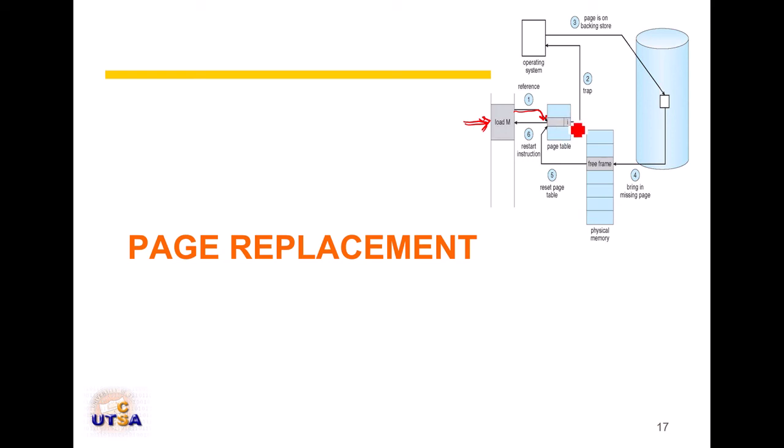If the entry is invalid, then there will be an interrupt, and the operating system will take charge and go to an interrupt handling module, basically a page fault module. This module simply finds out the page that causes the page fault, gets this page from the disk, and copies that page into one of the available frames in the physical memory, assuming that we have an available frame.